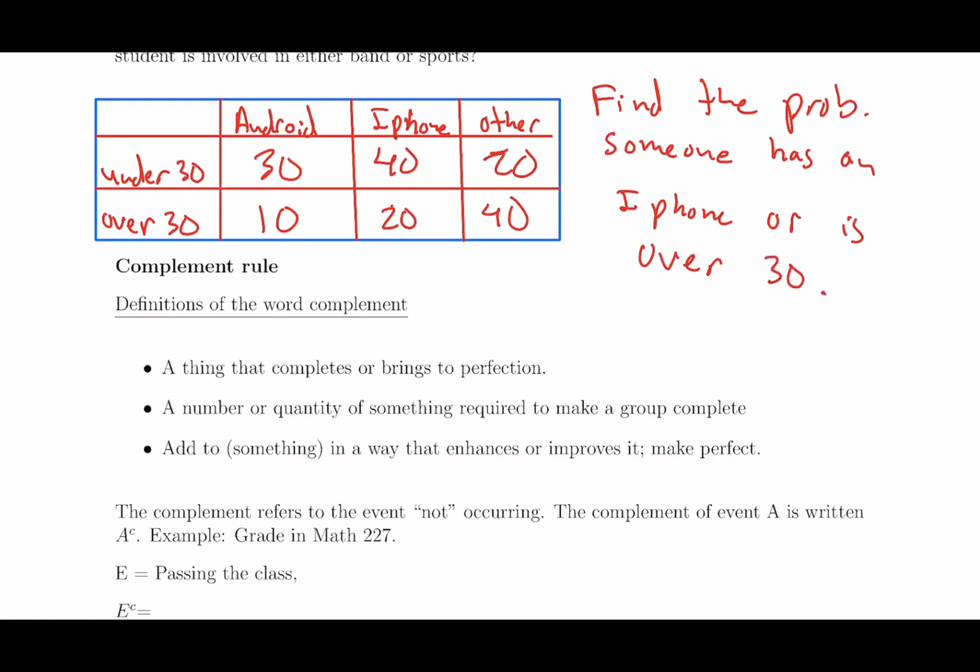All right, say we're doing this problem where we want to find the probability that someone has an iPhone or is over 30. So you want to just use the two-way table to your advantage. You want to find that they have an iPhone or that they're over 30.